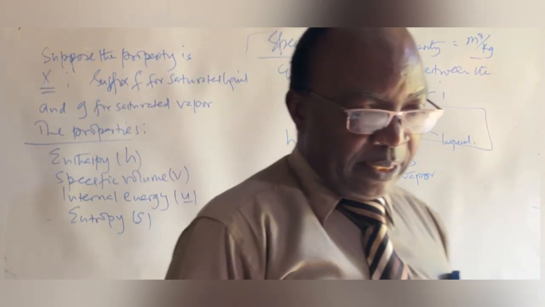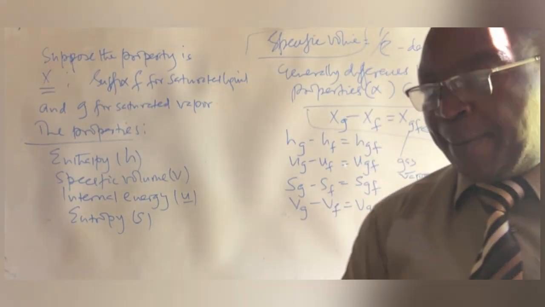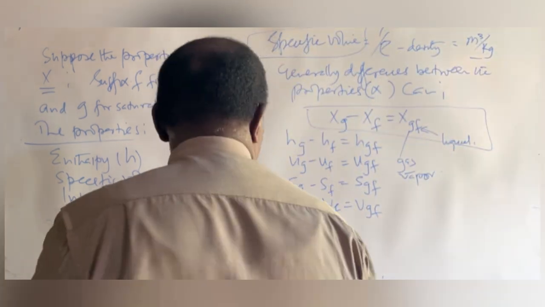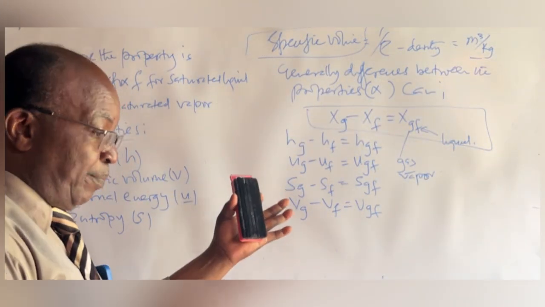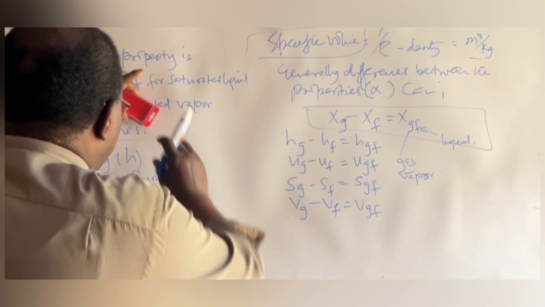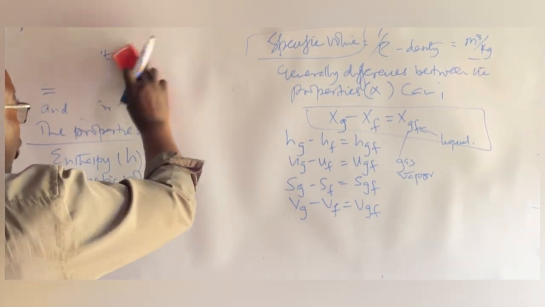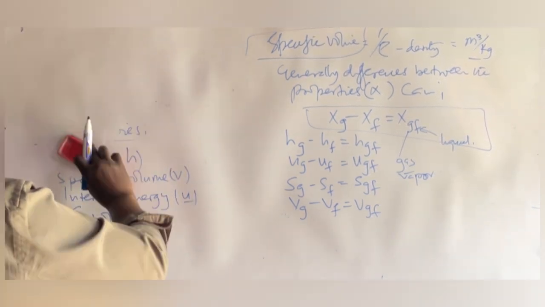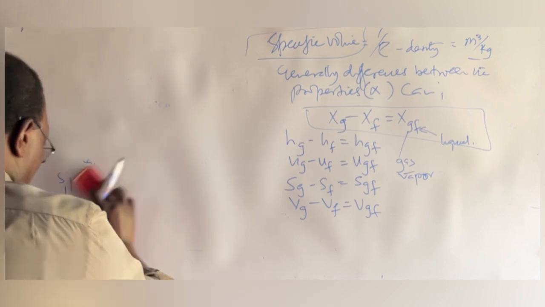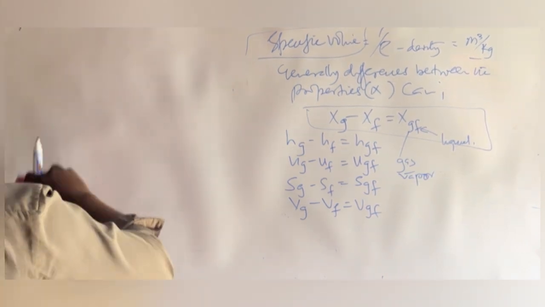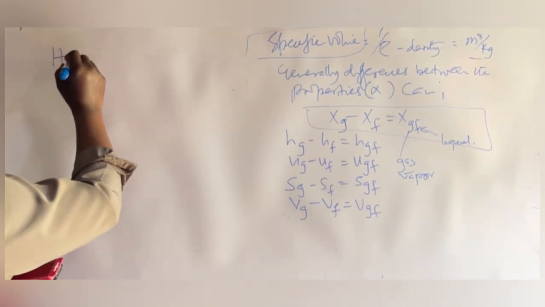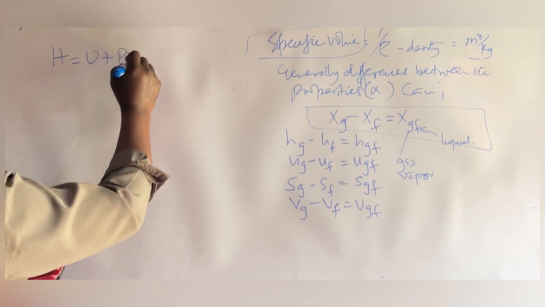Now, suppose we say that our point of reference, because remember, when we are talking of enthalpy and internal energy, we have a very good thermodynamic relationship between enthalpy and internal energy, which tells us that H is equals to U plus PV.